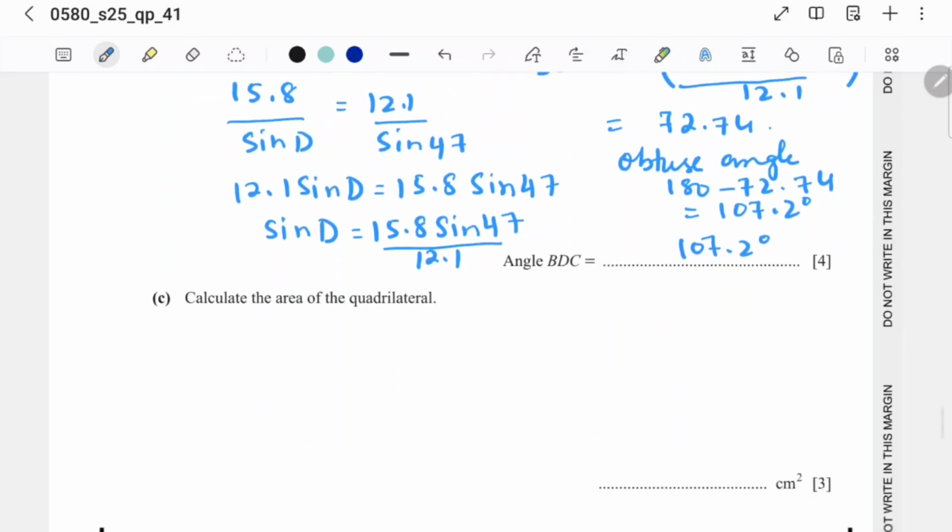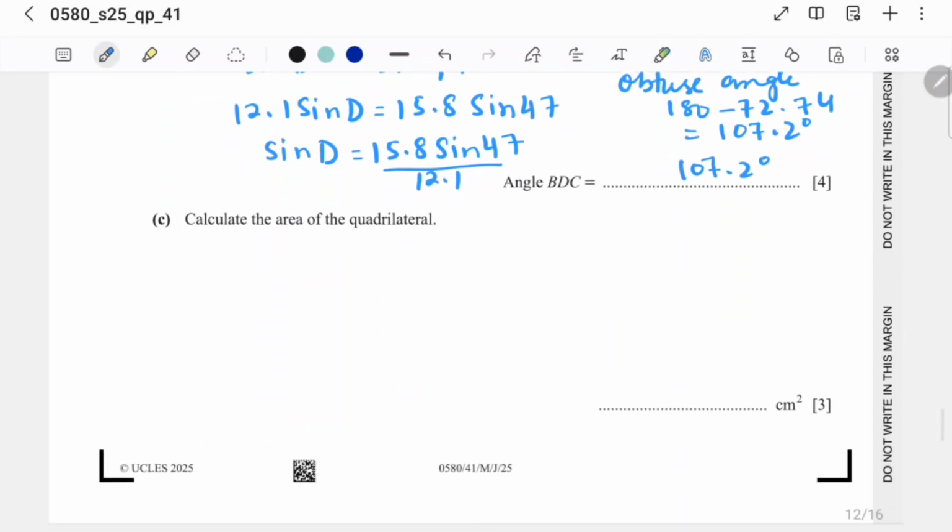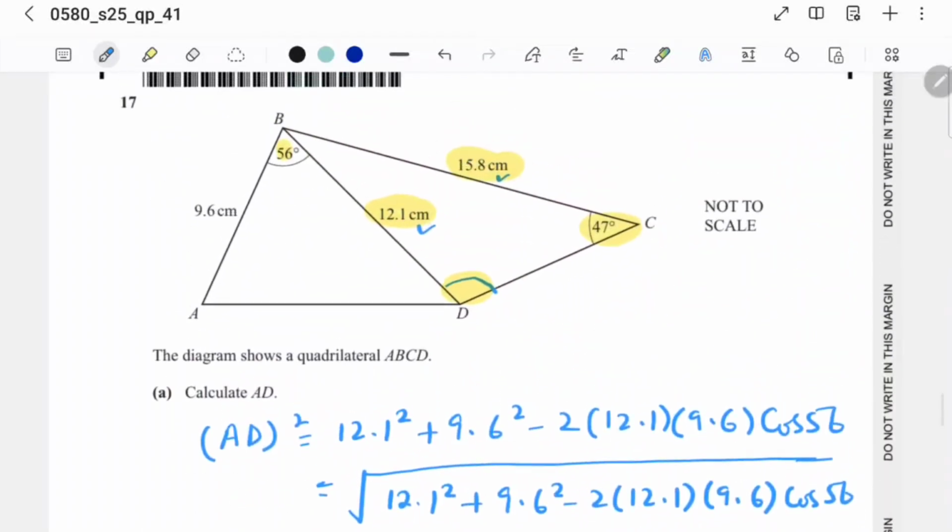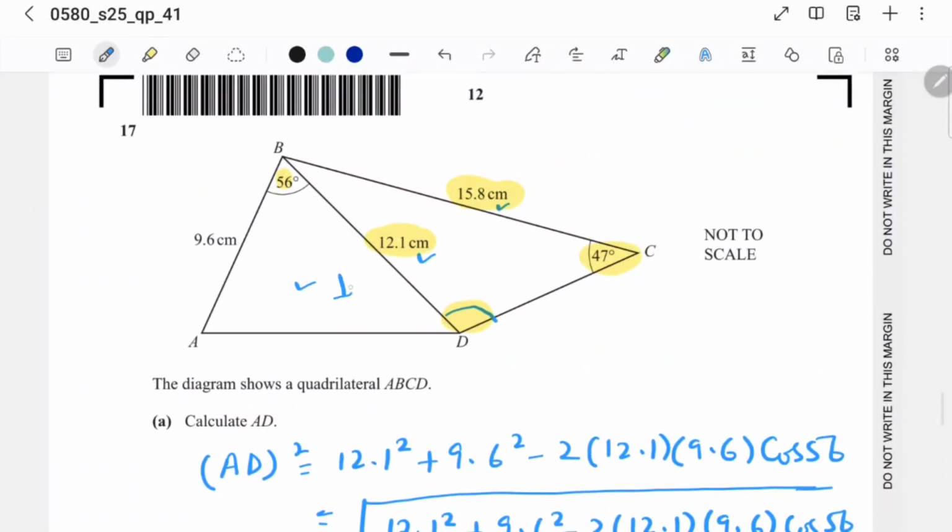Alright, now go to the next part, calculate the area of the quadrilateral. It means we have to find out the area of this one and this one. We have these two sides given, so this angle is required because we want two sides and the included angle. So calculate the angle B and then find out the area.